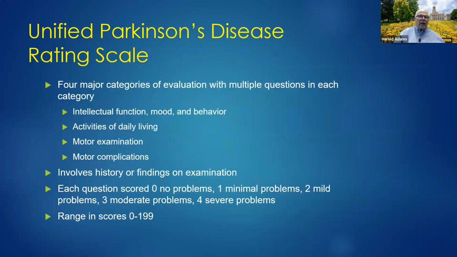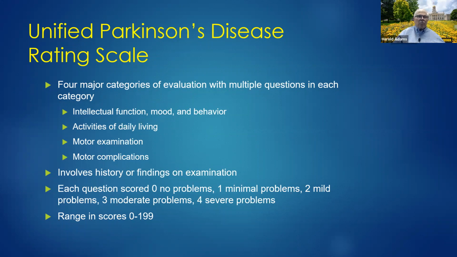Another example of a numerical scale is the Unified Parkinson's Disease Rating Scale. This has been around for quite a time. There are 4 major categories with multiple questions under each. This involves both history and findings on exam.